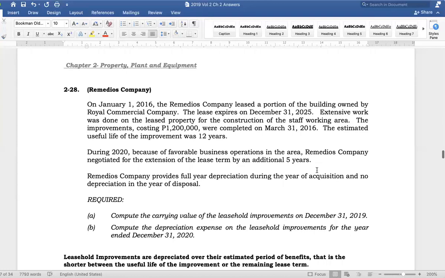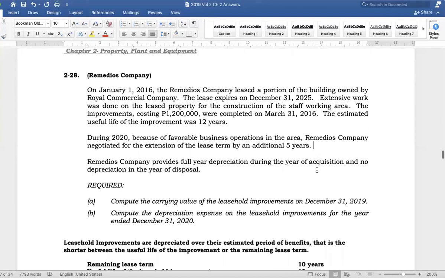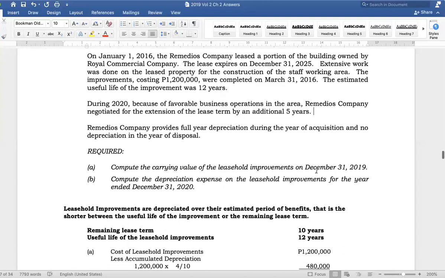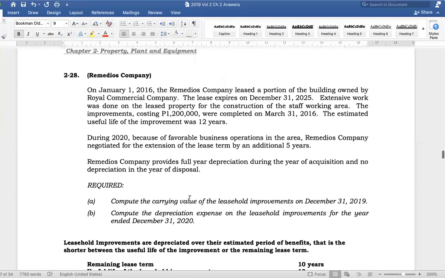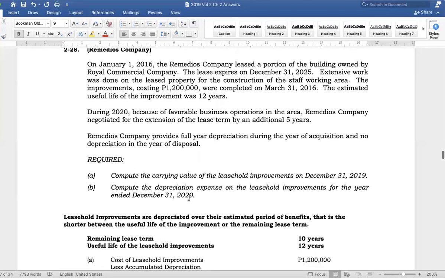Okay, so a leasehold improvement is a structure that is erected on a leased property. So it is expected that at the end of the lease term, whatever is left on the leasehold improvement will go not to the benefit of the lessee, but to the benefit of the lessor.